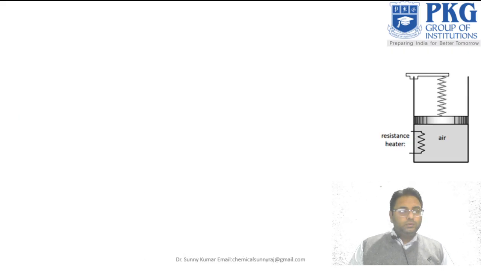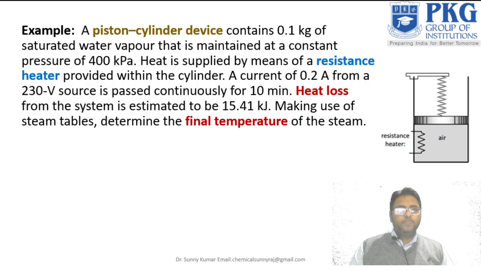So now we will do another example. A piston cylinder device contains 0.1 kilogram of saturated water vapor that is maintained at a constant pressure of 400 kilopascal, and heat is supplied by means of a resistance heater provided within the cylinder.